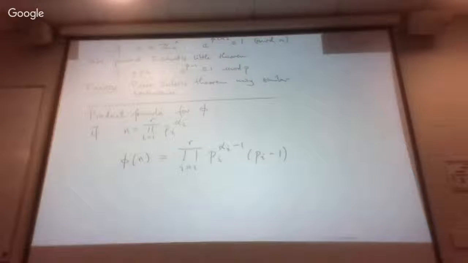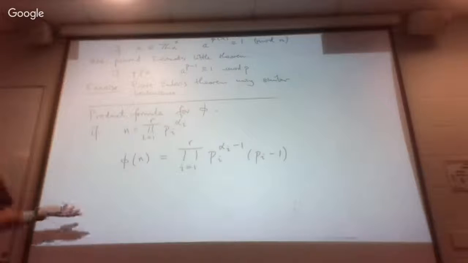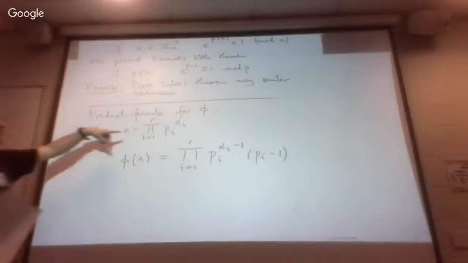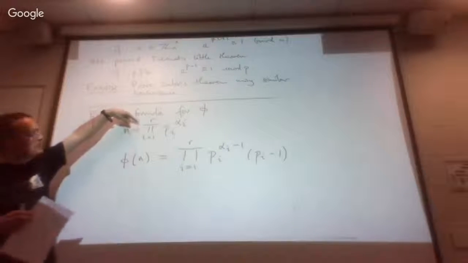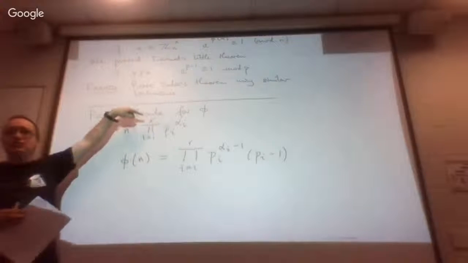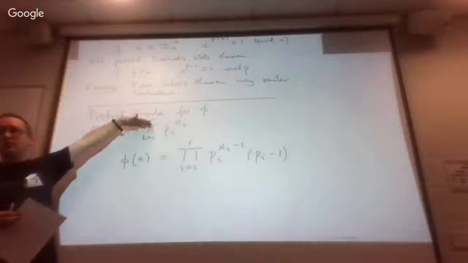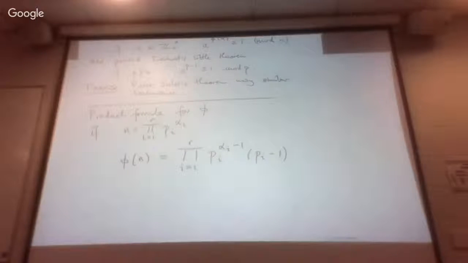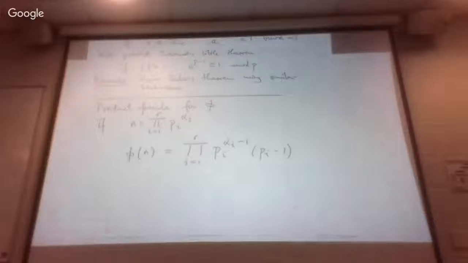And then prove that if we know phi of k, that phi of k plus 1 is somehow linked to phi of k. But that's not the approach. What we're going to perform induction on here is essentially induction on r. So we're going to do induction on the number of distinct prime factors that the argument n has, okay? Essentially.